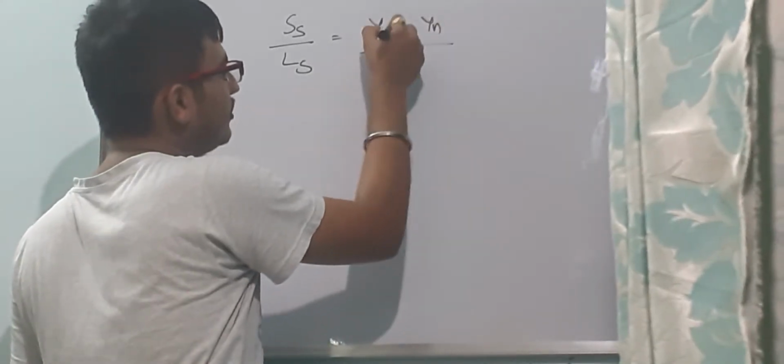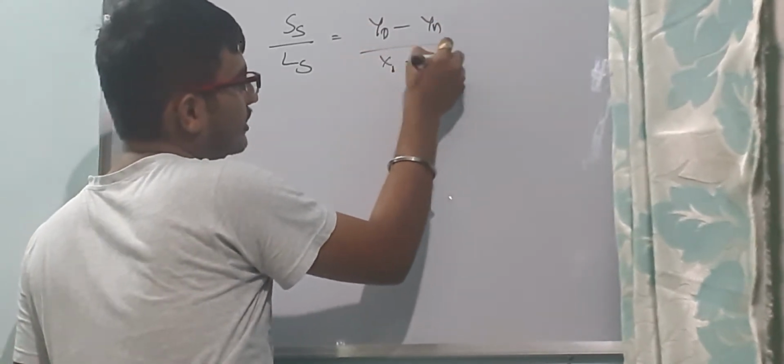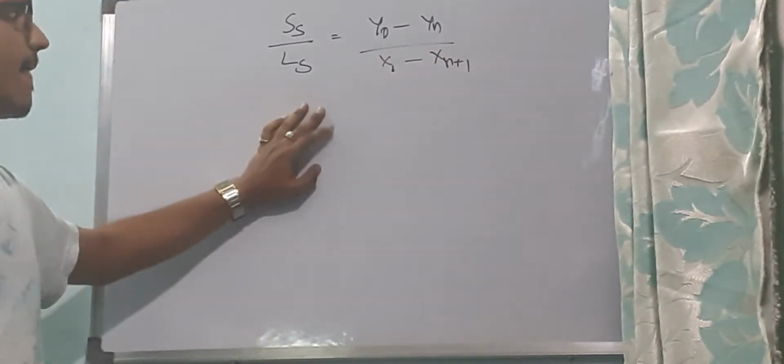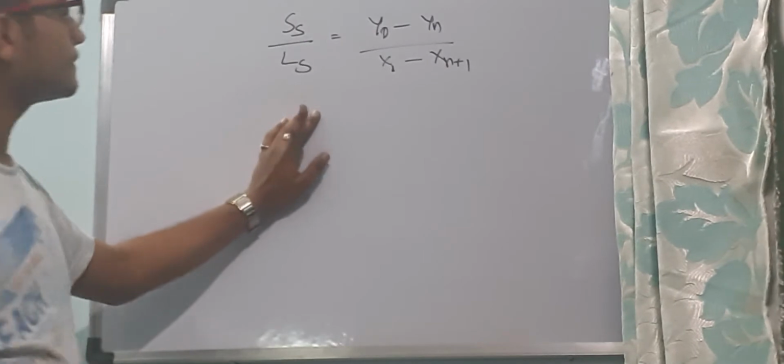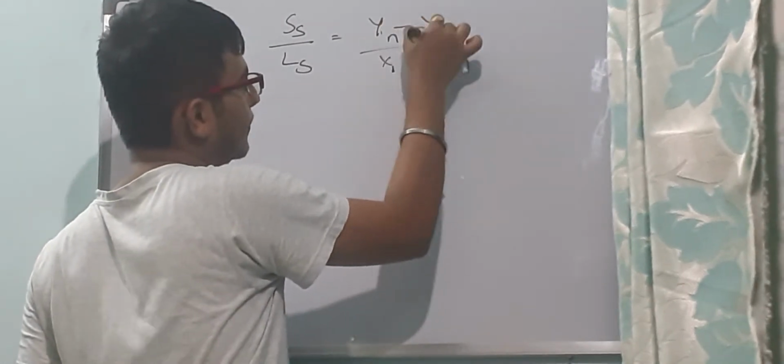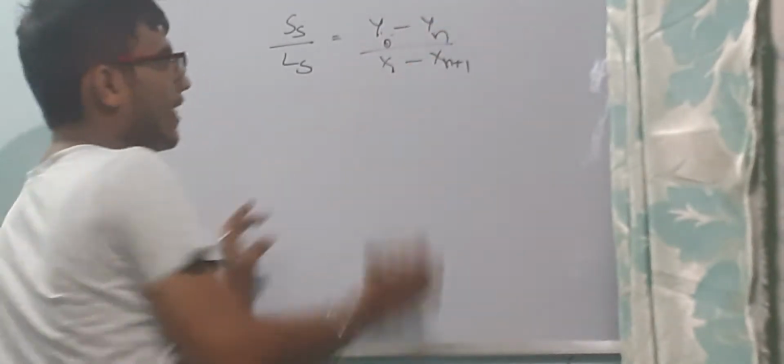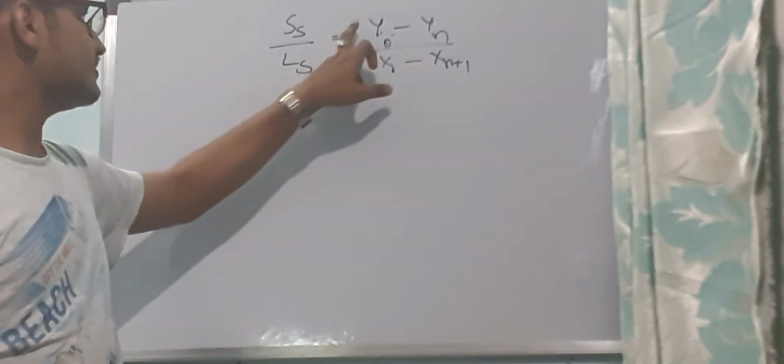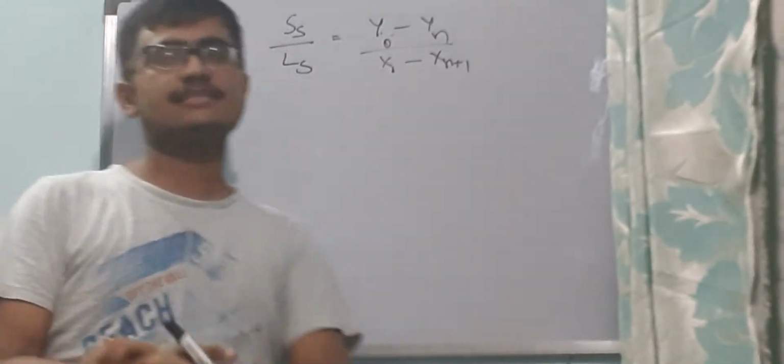So basically, what is the equation? Ss by Ls is equal to y0 minus yn by x1 minus xn plus 1.